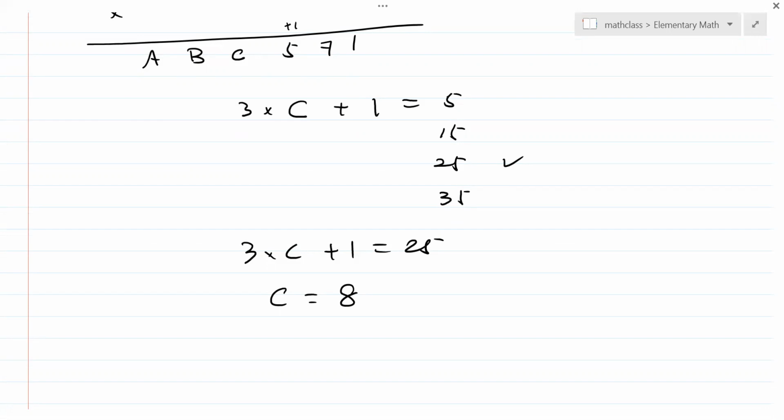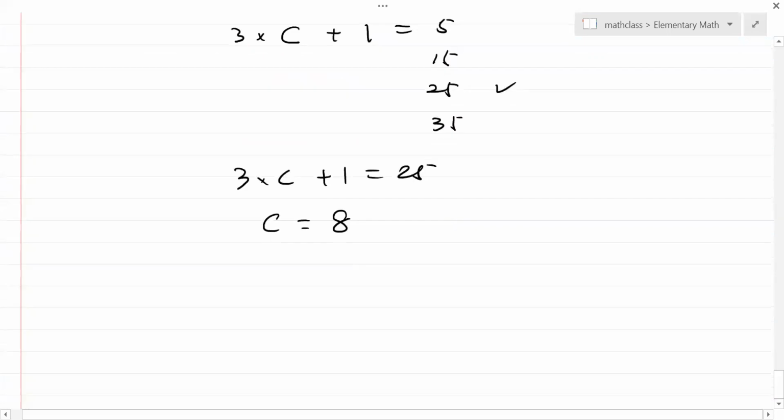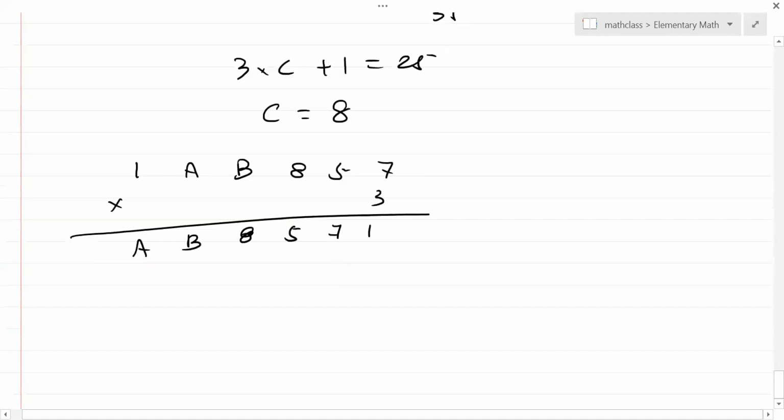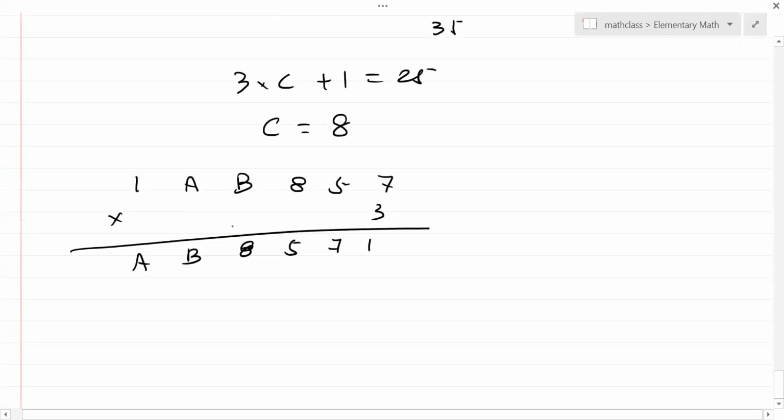Okay, so now C is 8, then you get 1, A, B, 8, 5, 7 times 3. We got 1, 7, 5, 8, B, A. Okay, so you add the 2 here.